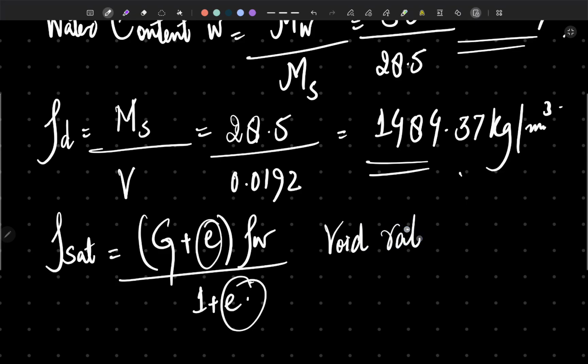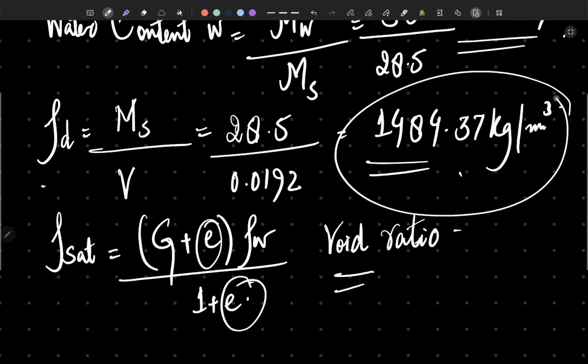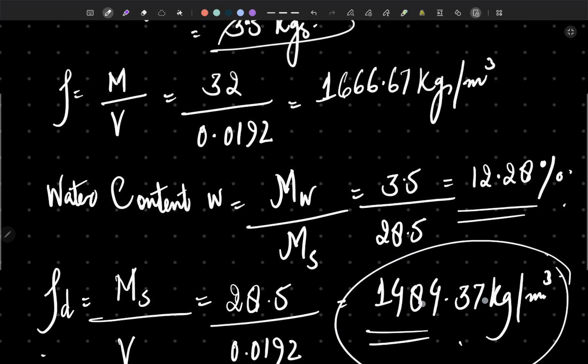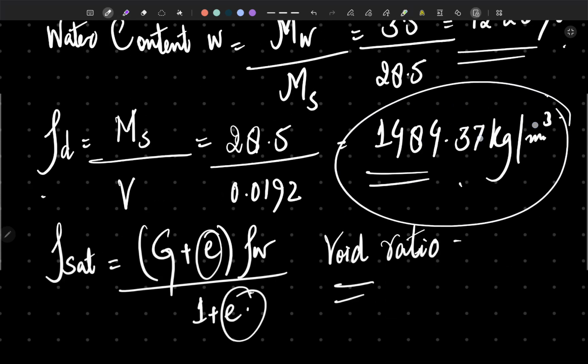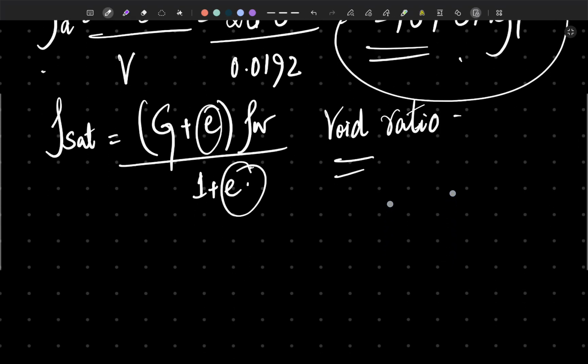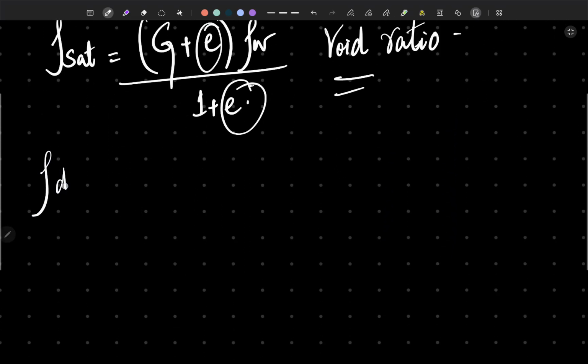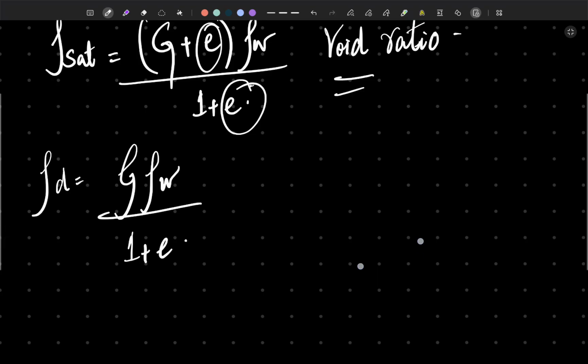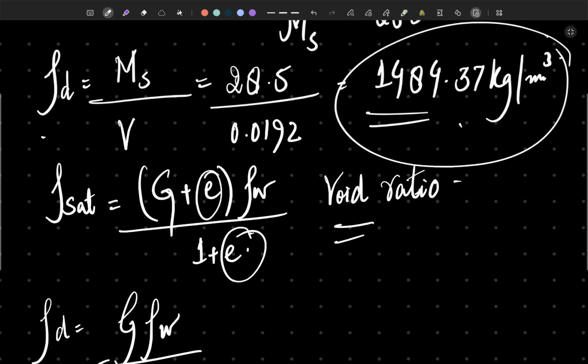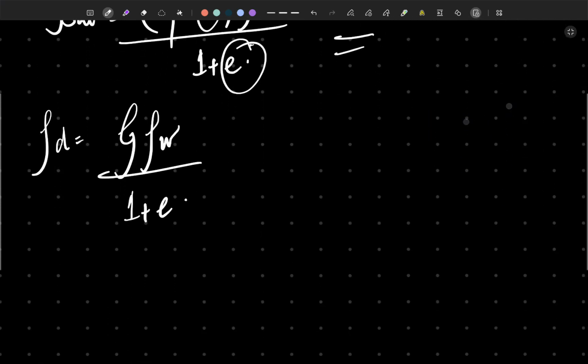To arrive at the void ratio, I'll be using the generalized equation for the dry density. Because I already have a value, I can use either the dry density or the bulk one, but in this question let me use dry density. It is G rho w divided by 1 plus e. My aim is to find the void ratio before finding the saturated density. So the dry density, as I have already calculated, is 1484.37 kgs per cubic meter.